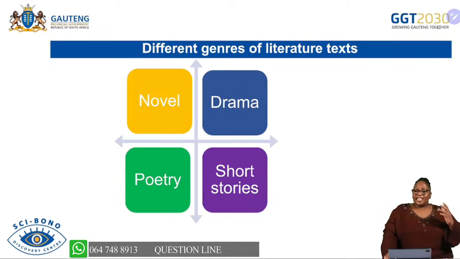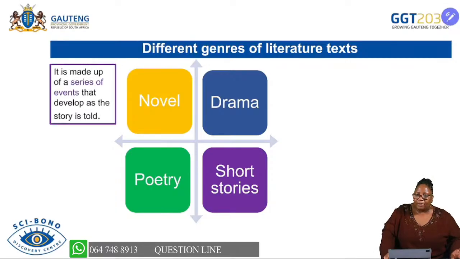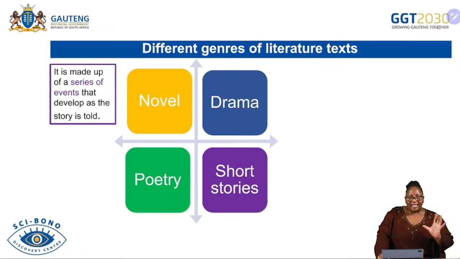We have different genres, as I've explained before. With the novel, the expectation is it's made up of a series of events that develops as the story is told. We have sub-stories in this huge big story. So it's a series of events.